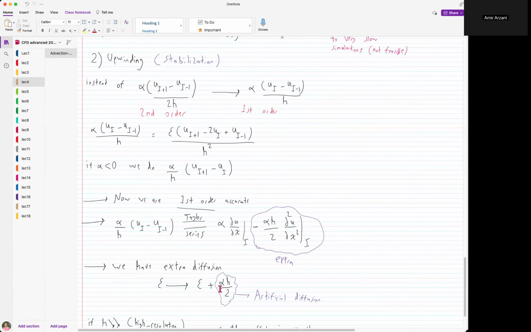So this alpha h over 2 is what I call artificial diffusion. It's what's getting added to your physical diffusion, okay?